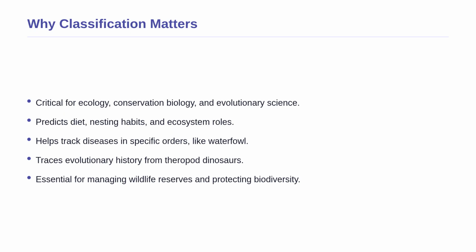For example, if a new disease affects waterfowl, conservationists immediately know which specific species are at risk. Furthermore, classification helps us trace the evolutionary history of life on Earth, showing us how modern birds evolved directly from theropod dinosaurs. Without this structured system, protecting endangered species would be an impossible task.